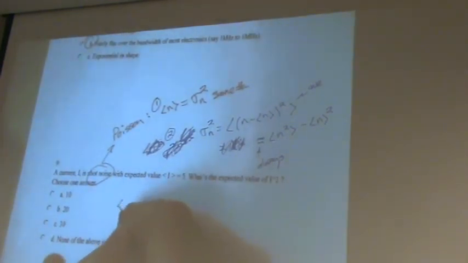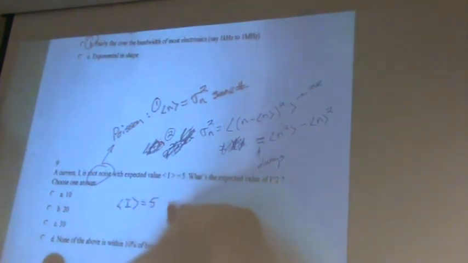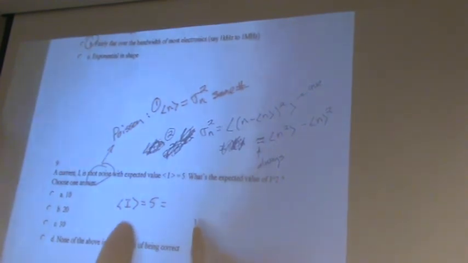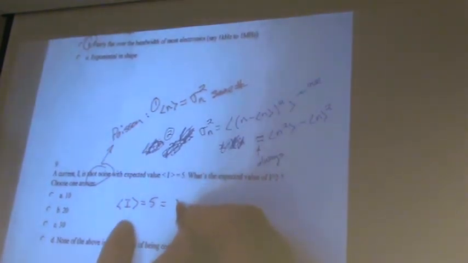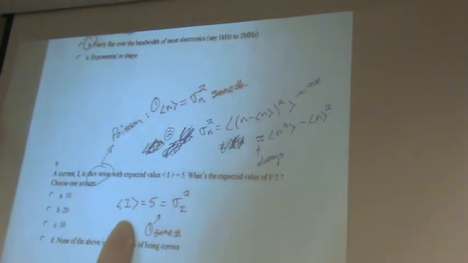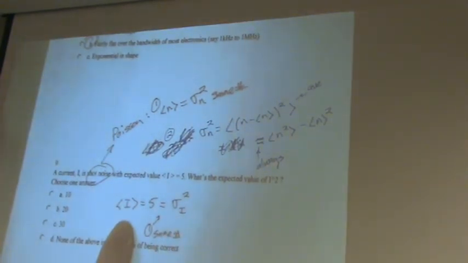So, expected value of I is 5. This is Poisson, so that's also the variance. Same number. Okay.